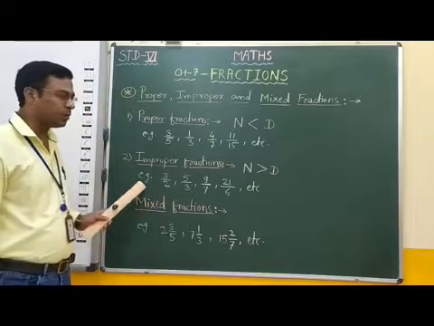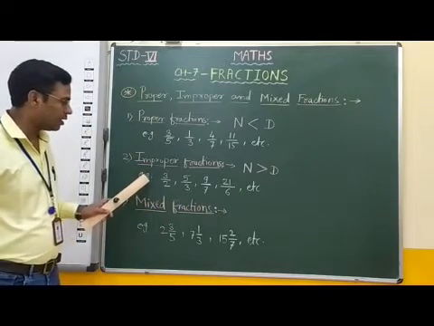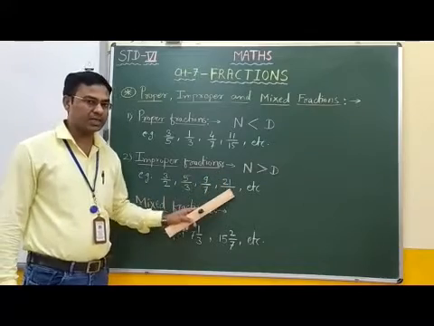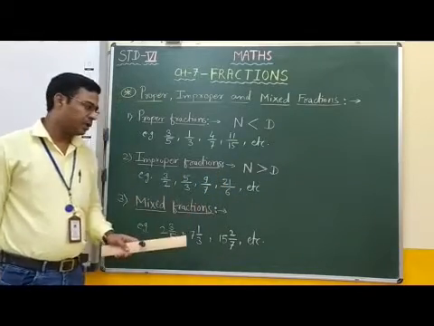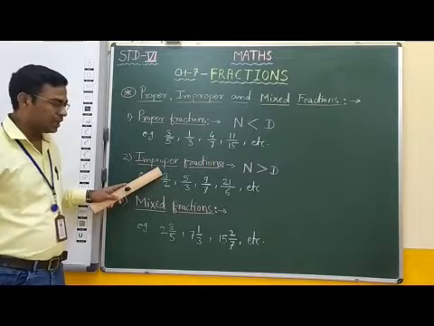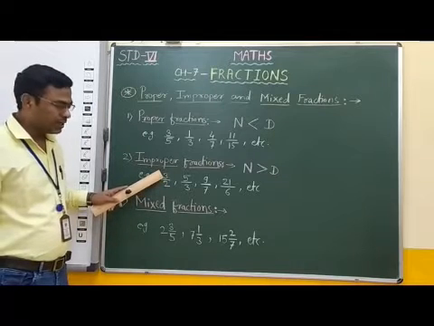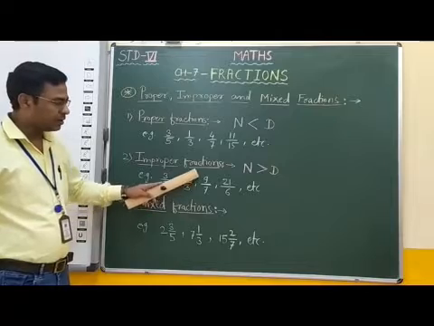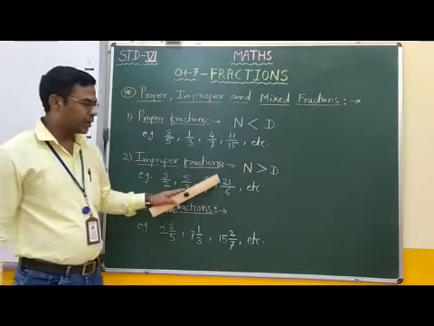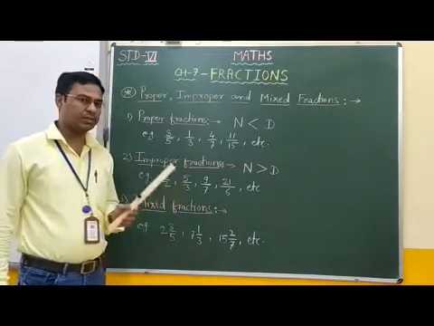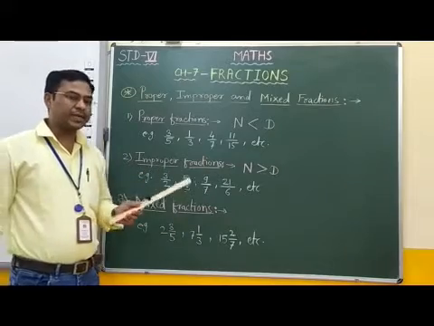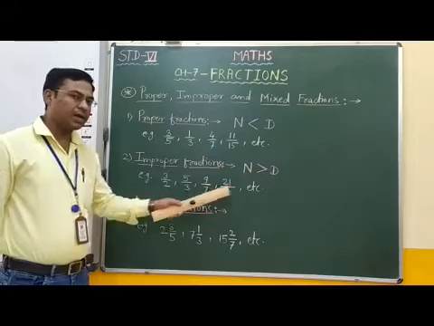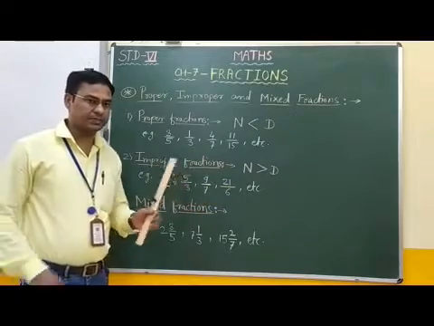Some examples of improper fractions are 3 by 2, 5 by 3, 9 by 7, 21 by 6, etc. If you observe here, 3 is greater than 2, 5 is greater than 3, 9 is greater than 7, 21 is greater than 6. Means the numerator is greater than the denominator. Therefore, these are improper fractions.